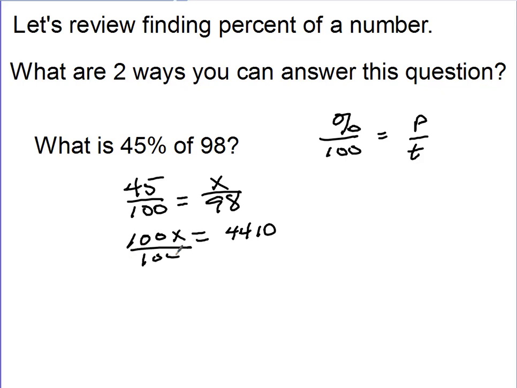Divide both sides by 100. And you find out that x is equal to, well, the same answer that we got on the previous one, 44.1. So 45% of 98 is 44.1. We're going to use this skill today of finding percent of a number in order to determine sales tax, tip, and discount.